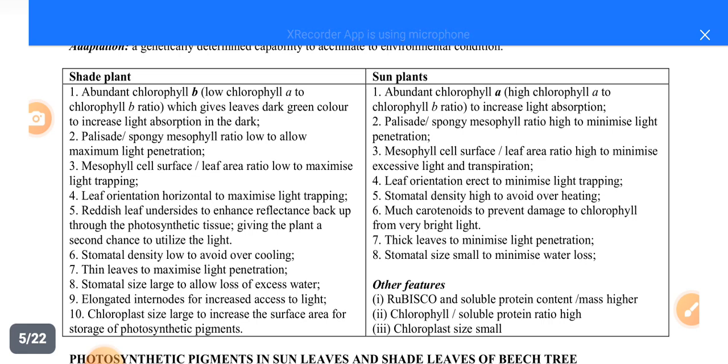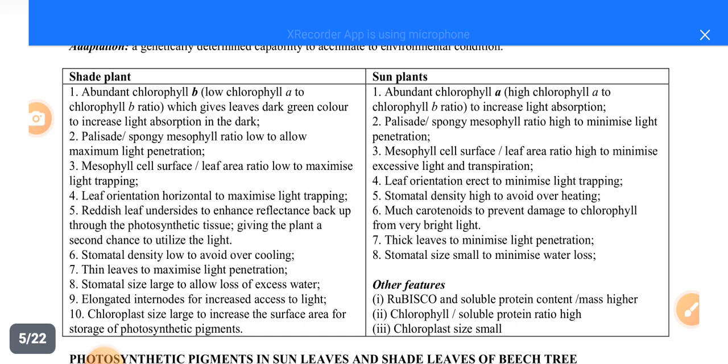People, I don't know whether you have ever seen those leaves which live under canopies. Those trees under canopies, their leaves are darker green, and this is to increase light absorption in the dark. Then too, the palisade to spongy mesophyll ratio is low to allow maximum light penetration.